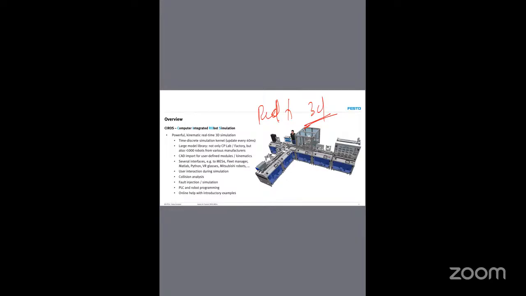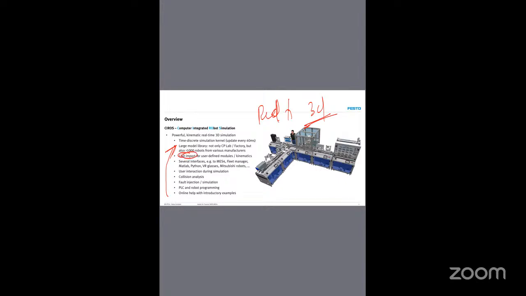Big model library. The main advantage is that it has a large model library, having Festo factory modules, Robotino, Mitsubishi robot, conveyors, sensors, all available here. Then another one is CAD import.